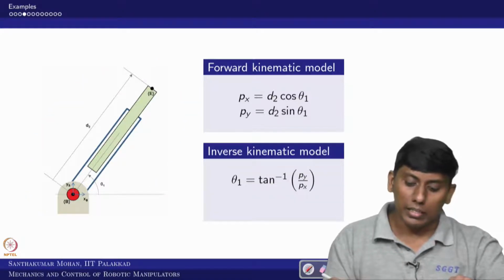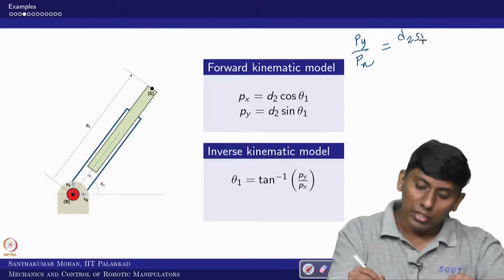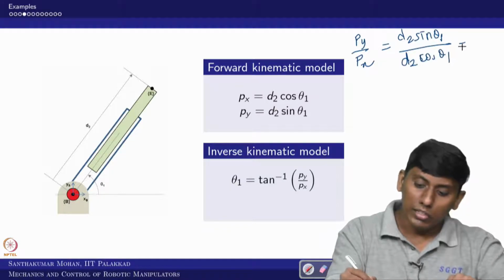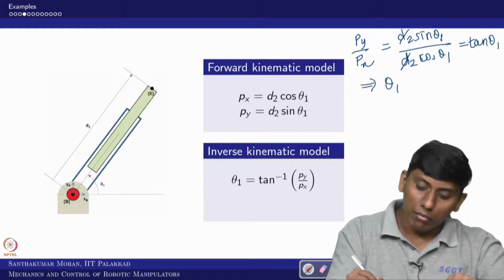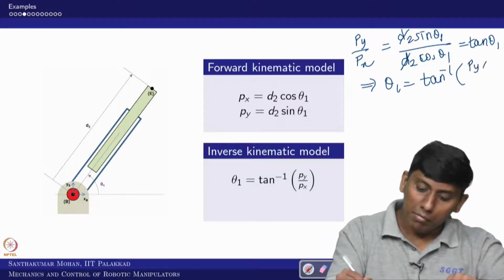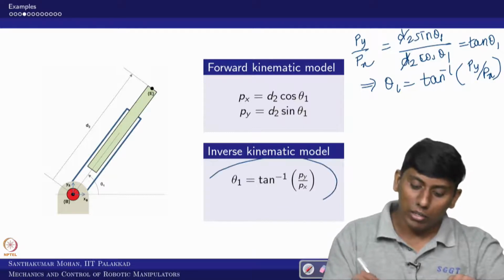So if you take this py by px, what is it equivalent to? d2 sin theta 1 divided by d2 cos theta 1. So in which case this gets cancelled, this is giving tan theta 1. So in the sense, theta 1 is tan inverse of py by px, and what we say, it is quadrant dependent.